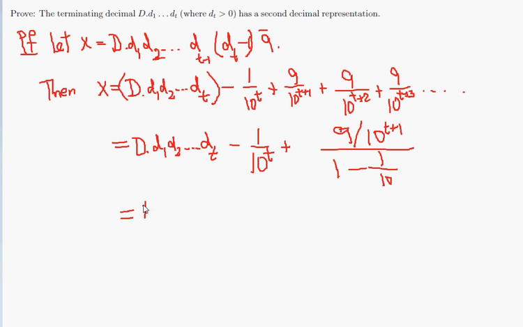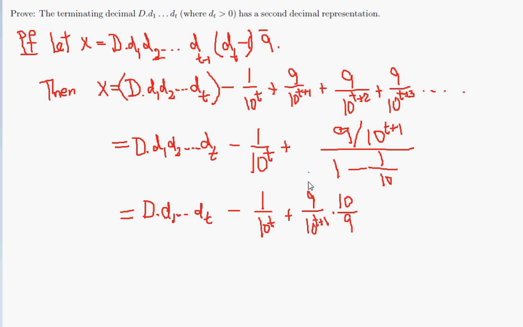So that's equal to d point d sub 1 through d sub t minus 1 over 10 to the t power. And then I have plus 9 over 10 to the t plus 1. I'm dividing by 9/10, so that's the same thing as multiplying by 10/9.